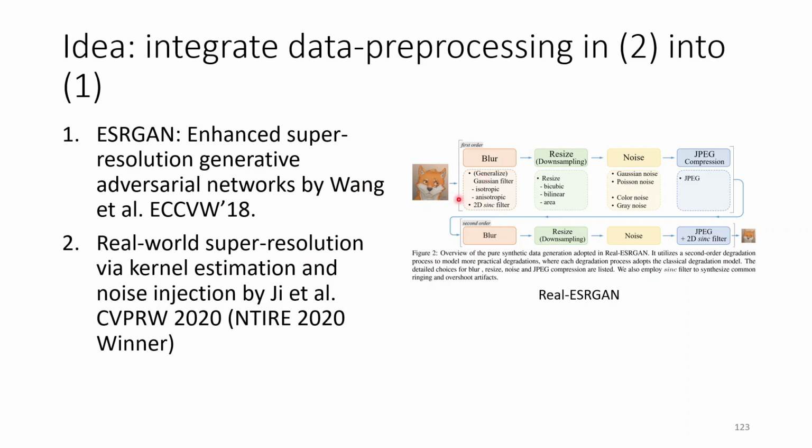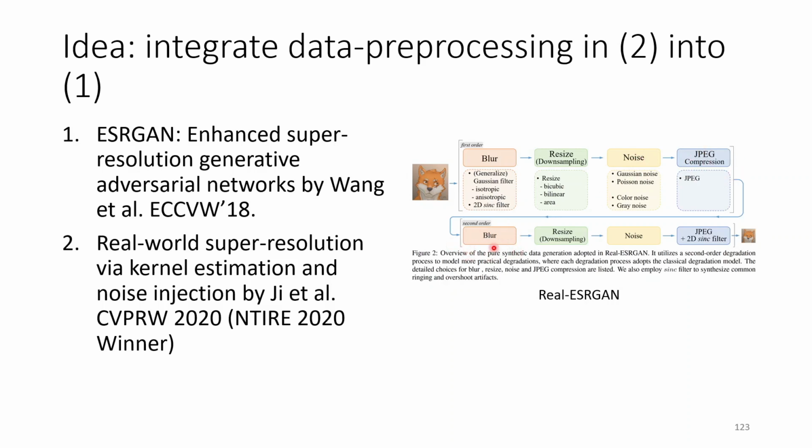Okay, so in Real-ESRGAN, they propose the training method. Given a high resolution image, there is a blur step and a resize or downsampling step, and a noise step, and they also add the JPEG compression artifact. And they not only do it once, they do it twice.